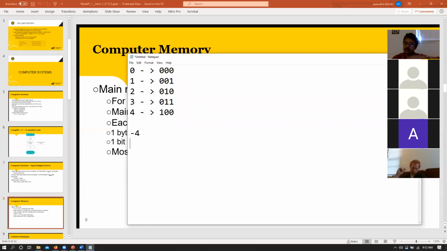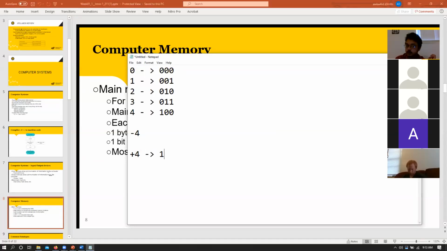So a number can either be positive or negative. So in that case, you have two possible choices, right? One is a positive sign, one is a negative sign.